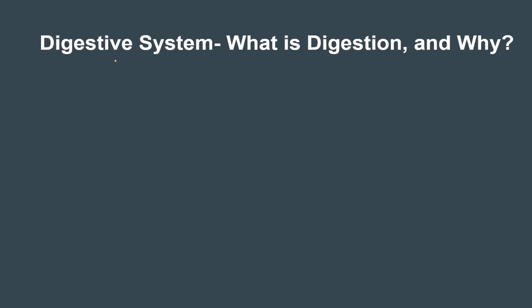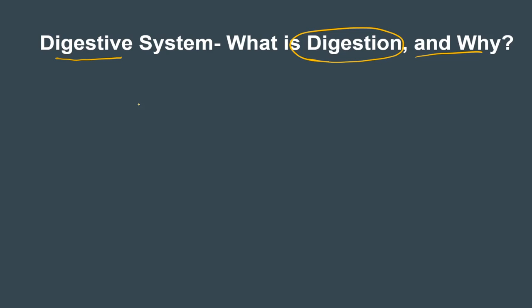Before we do the digestive system, let's talk about what the word digestive or digestion is all about. So, what is digestion? And then we're going to get into the why of digestion.